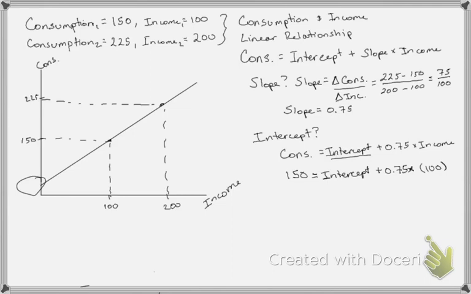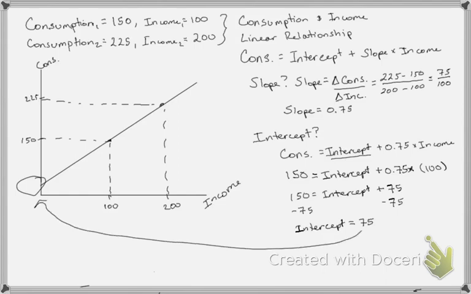So that means 150 is going to be equal to whatever our intercept is plus $75. We can go ahead and subtract 75 from both sides, and we end up with an intercept equal to 75. Okay, we can go ahead and take this and plug it in right here into our graph.